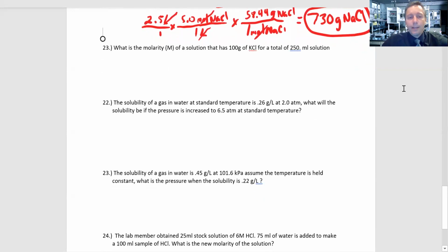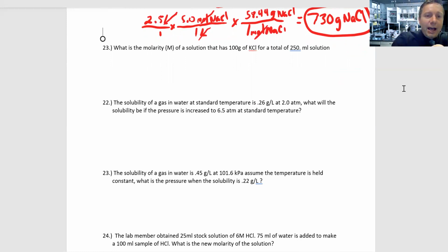All right, number 23. What is the molarity of a solution that has 100 grams of KCl for a total of 250 milliliter solution? So in this 250 milliliter solution, you have 100 grams of KCl.